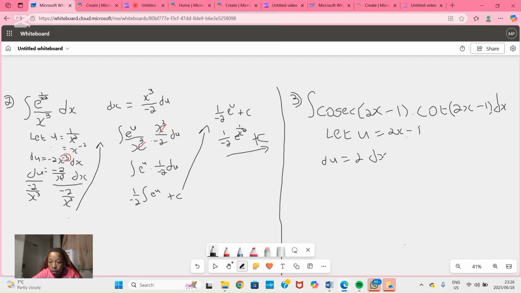So now we have to calculate the dx. We're going to divide by 2 on both sides. So after that, we have our dx as 1 over 2 du.